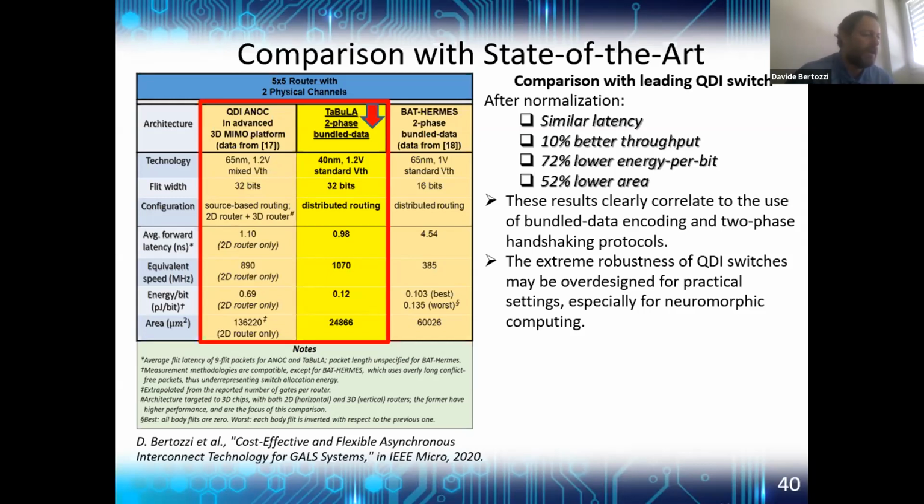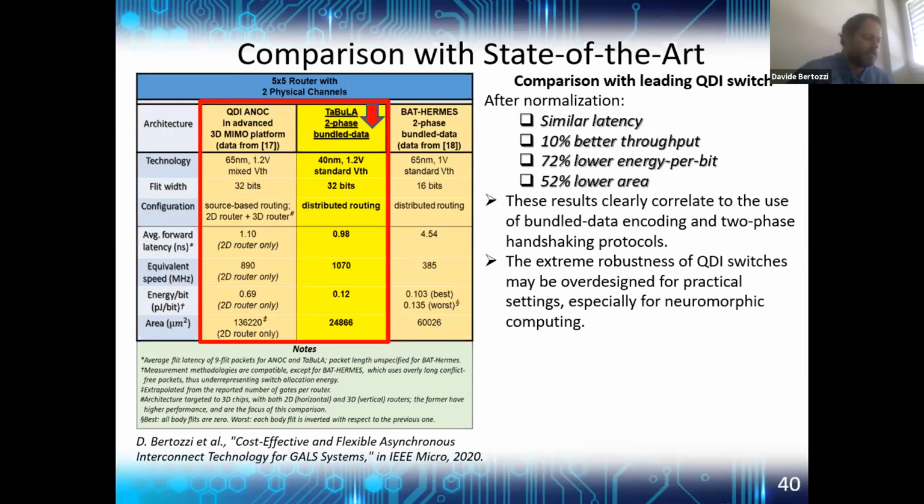And that's the reason why analog computing circuits have been used in that domain. So maybe the extreme robustness of QDI is over-designed in this domain. In contrast, the bundle data less conservative style with two-phase signaling, while still including substantial timing margin, leads to major cost benefits. However, in the future, we need more work to explore this robustness and cost trade-offs for QDI versus bundle data designs.